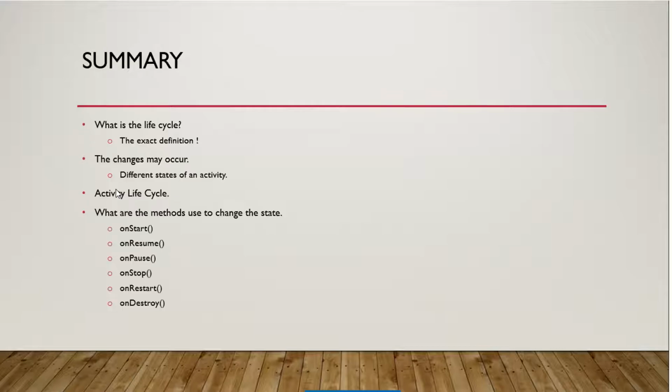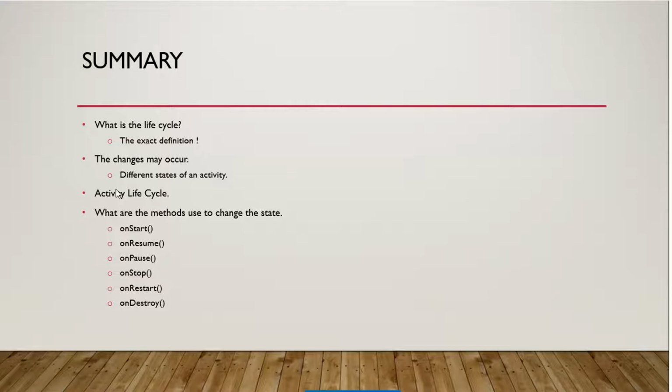So in this lecture, first of all, we went through activities. What is the life cycle? What is the exact definition of the life cycle? After the definition, we went through the changes that may occur at the different stages of the activity, which we discussed previously.